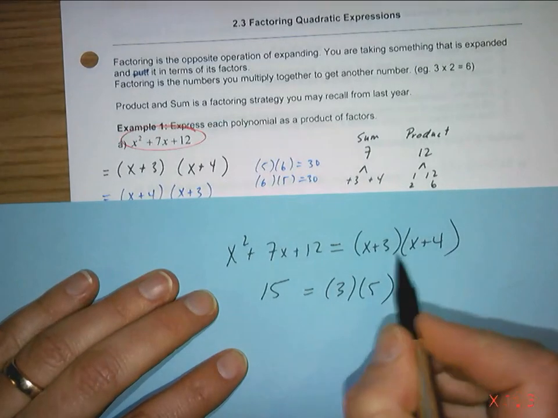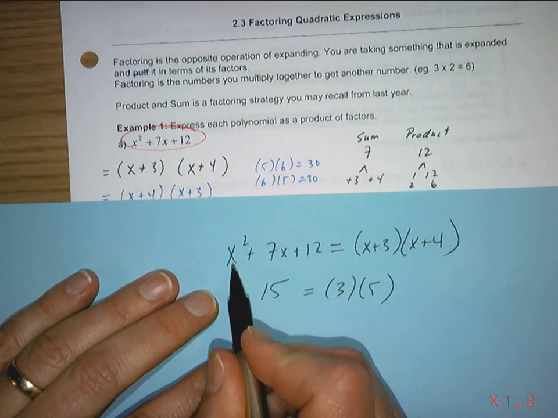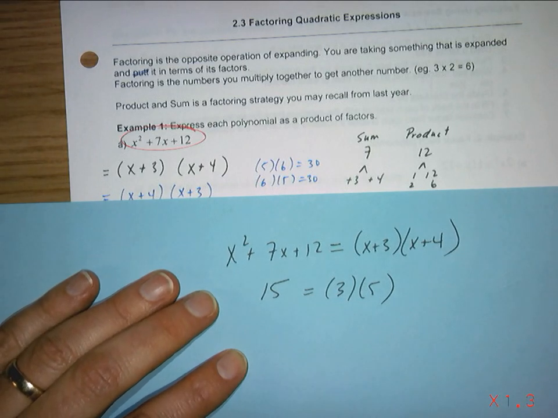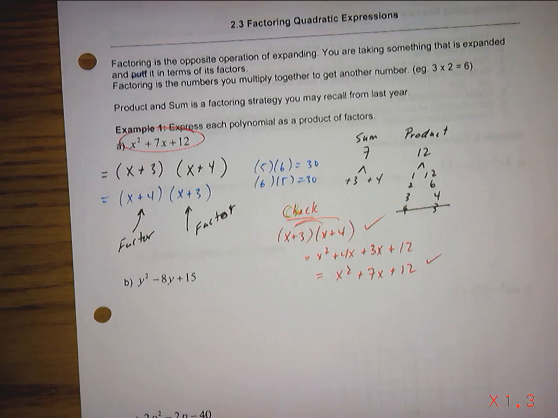So what we have here are factors. What we have over here is the product. So this is a trinomial. We have a product of 3 times 5, which is 15. And again, you've been working on that for a while now. You should be experts at it.